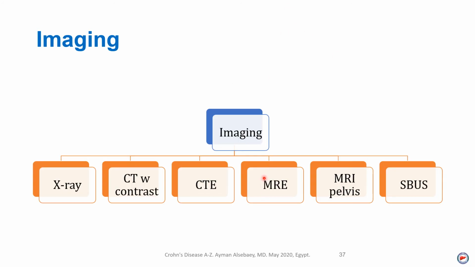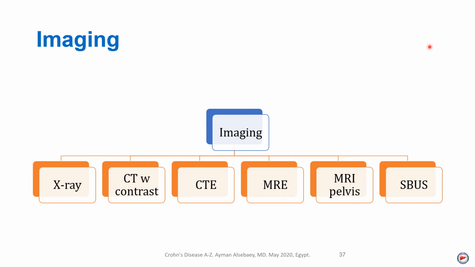What are the imaging modalities used in the diagnosis of Crohn's disease? We have the conventional X-ray, we have abdominal CT with contrast, we have CT enterography, we have MRI enterography, we have MRI pelvis, and we have small bowel ultrasonography, SBUS.